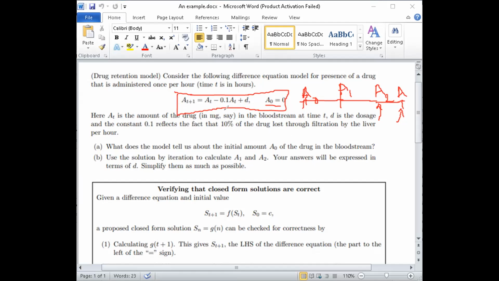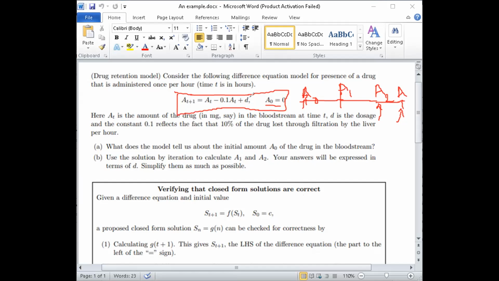When you plug in t equals 0 into here, you can find A sub 1, and so on. If you know A sub 1, then you can find A sub 2. Like that, you can compute by hand.